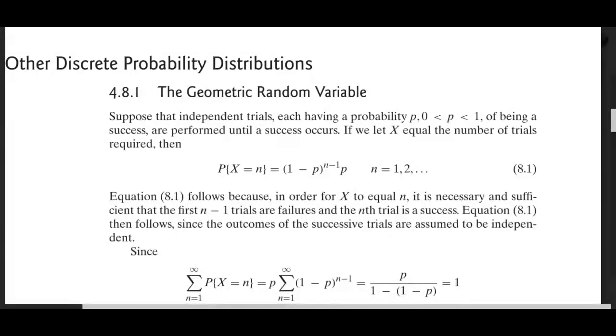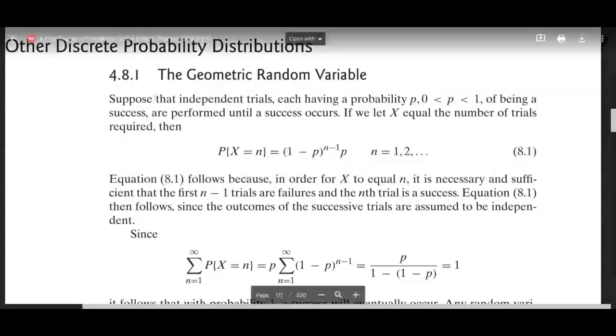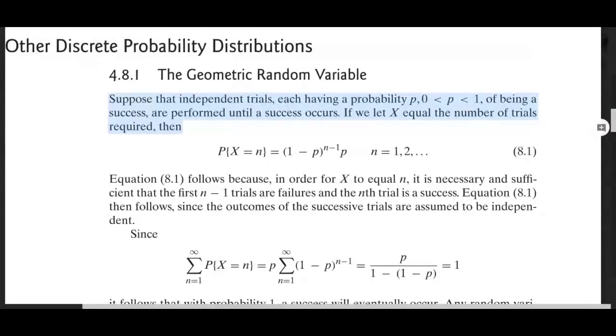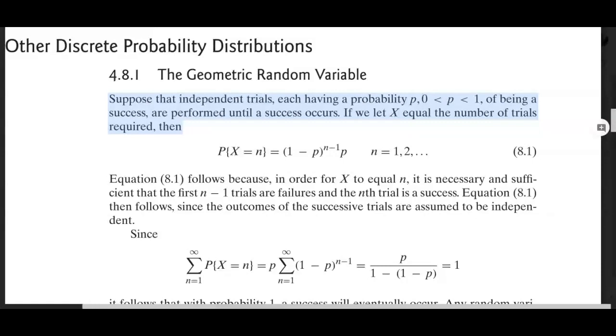Okay, so geometric random variables. Remember, for a binomial we have a nice formula for expected value and variance, and for the Poisson distribution we also have a nice formula. Similarly for geometric random variables. Suppose that independent trials, each having a probability p, between 0 and 1, not 0 and not 1, of being a success, are performed until a success occurs.